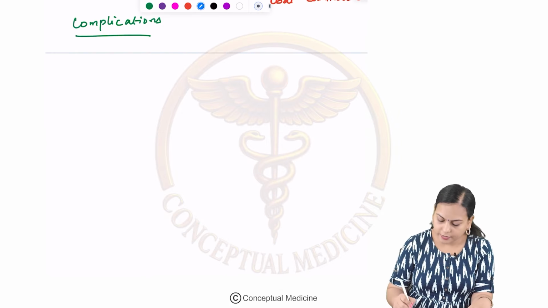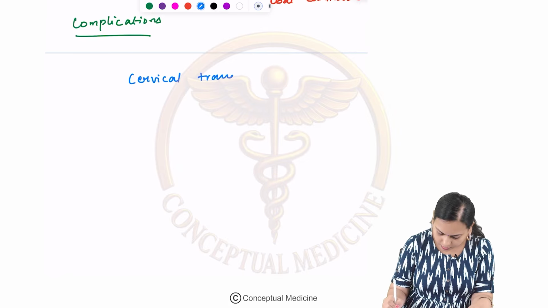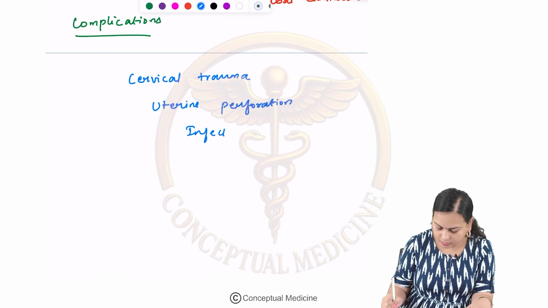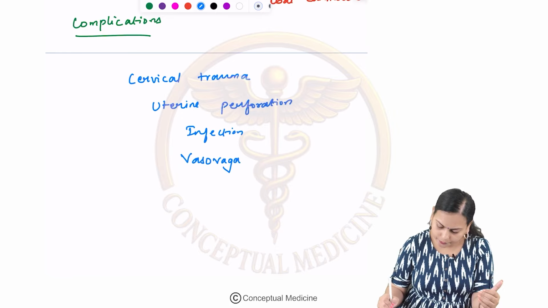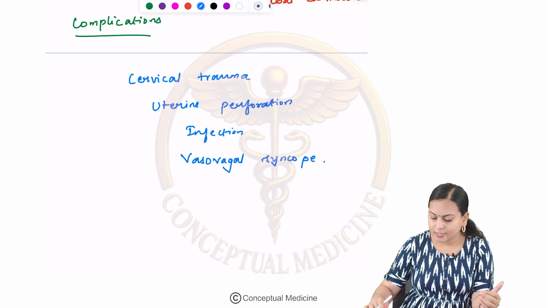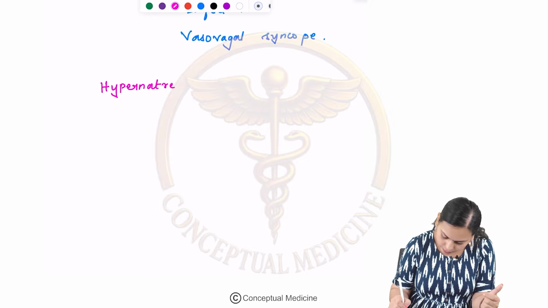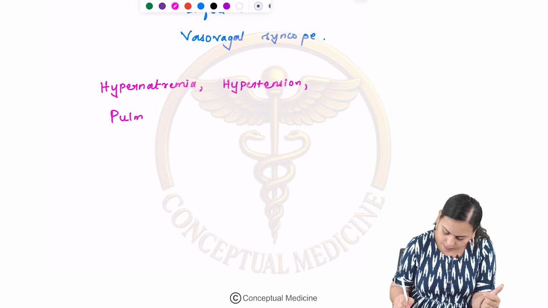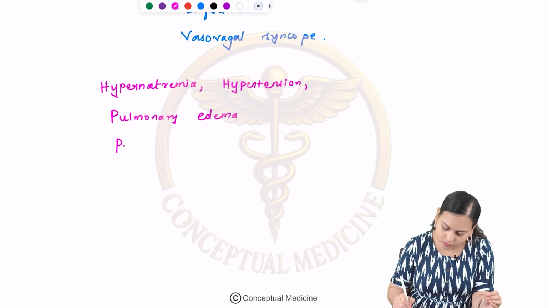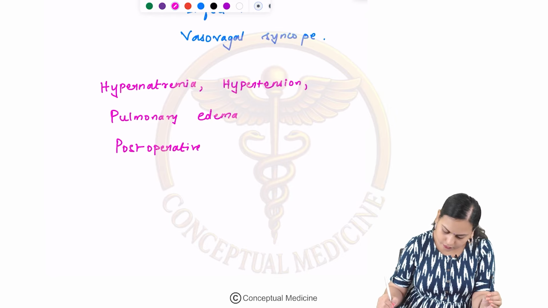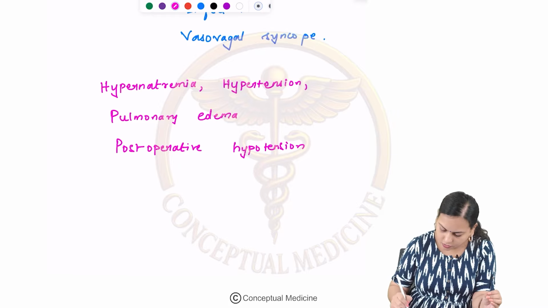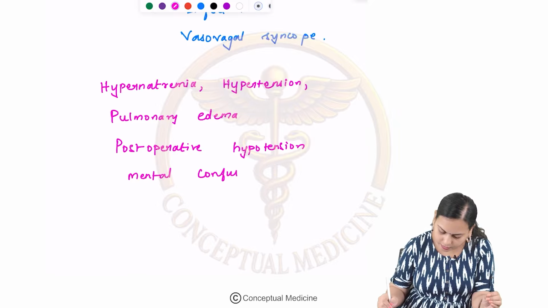Complications can include cervical trauma or uterine perforation, infection, even vasovagal syncope, and due to the distension media, electrolyte abnormality can occur, including hypernatremia, hypertension, pulmonary edema, and when the procedure is prolonged, it can also lead to postoperative hypotension or even mental confusion.